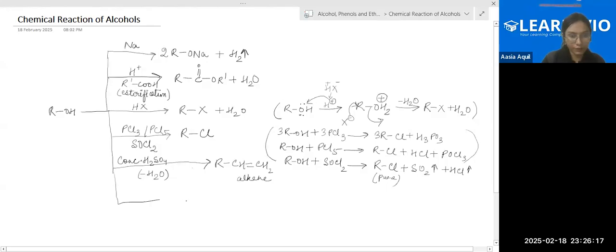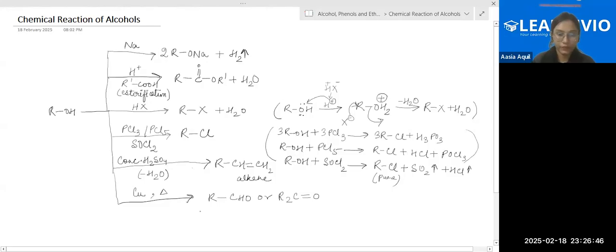Next, when you treat alcohol with copper and give heat to it, dehydrogenation will occur, and you will get either aldehyde or ketone, R2CO.